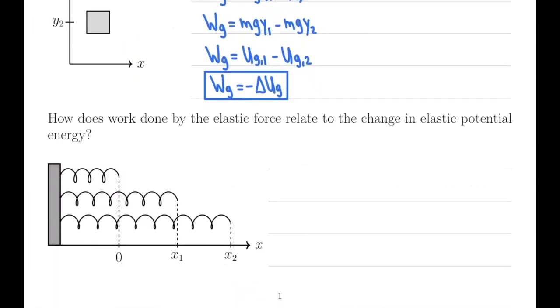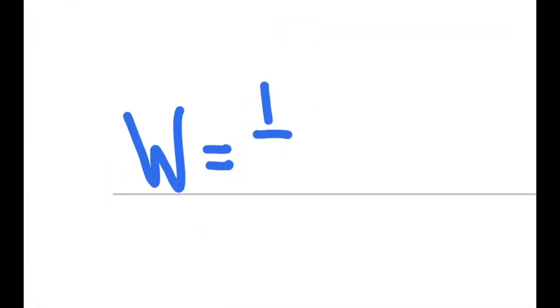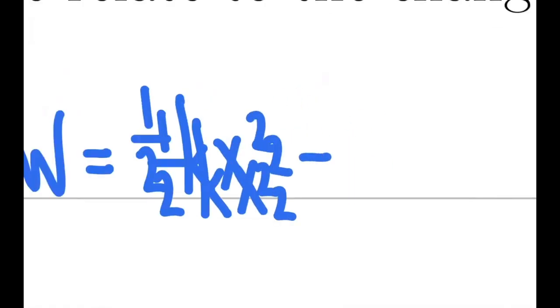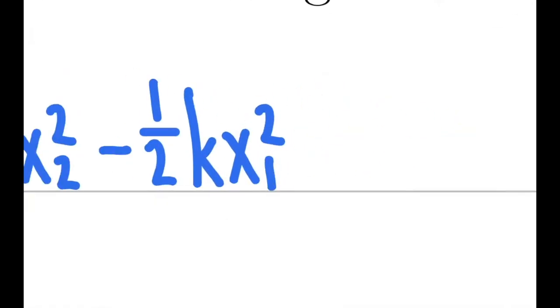All right, now let's do this question. How does work done by the elastic force relate to the change in elastic potential energy? Remember from the last video that the work done on a Hooke's law spring by an external force to stretch it from x1 to x2 is W equals 1/2 k x2 squared minus 1/2 k x1 squared.